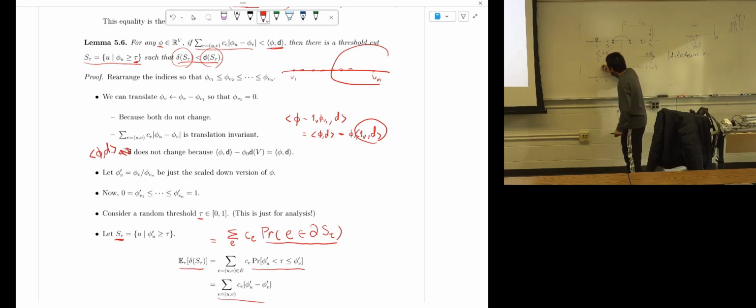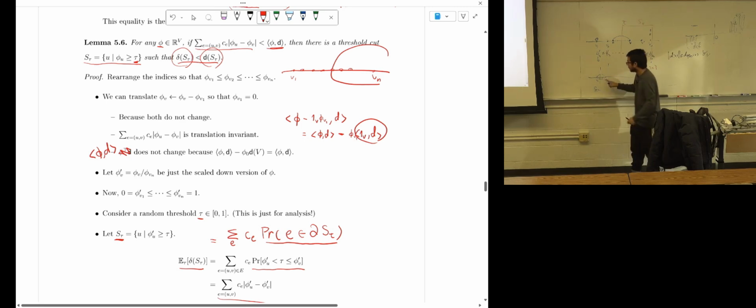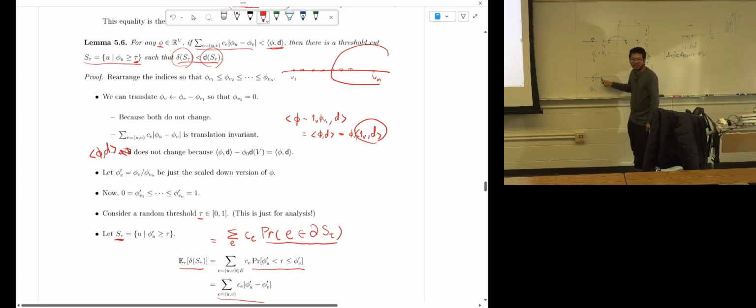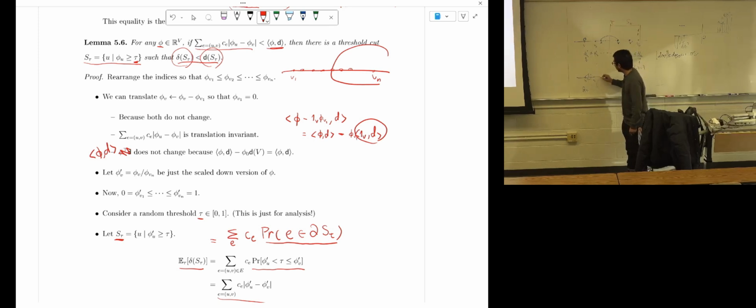Look at this one, compute the cut size of this one, and then you can get the cut size of the next one by spending time proportional to the degree of the next vertex, and so on.